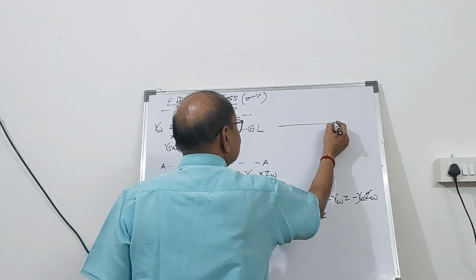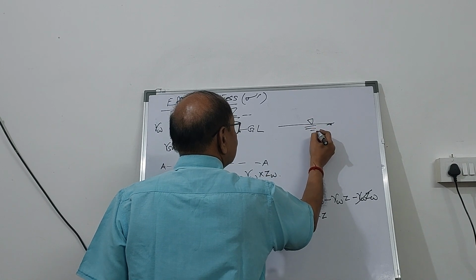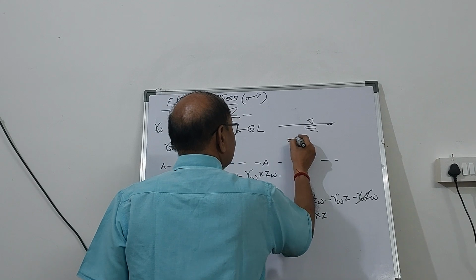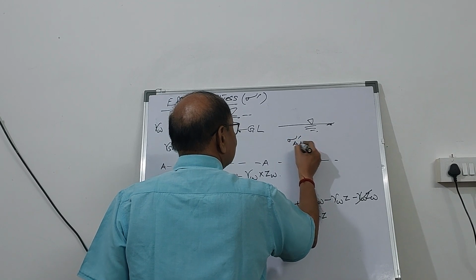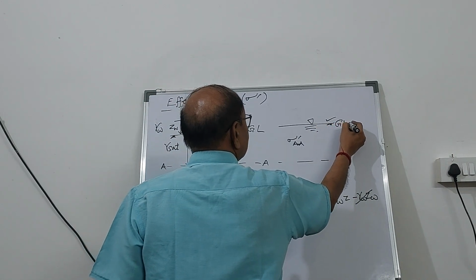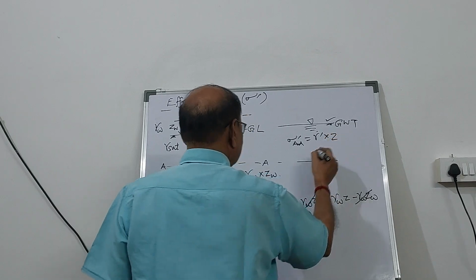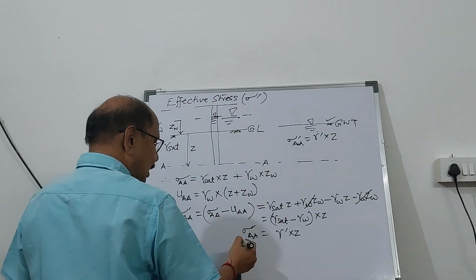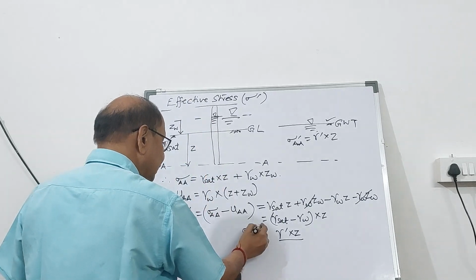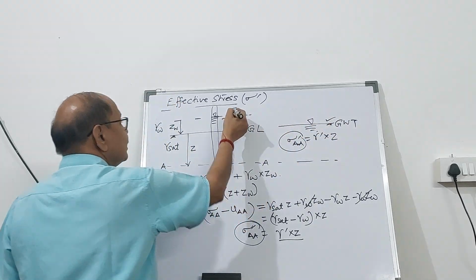For the case when the water table was here, the effective pressure at A was gamma prime into Z. And when the water table goes up, it is gamma prime into Z. So the effective pressure doesn't change in both cases.